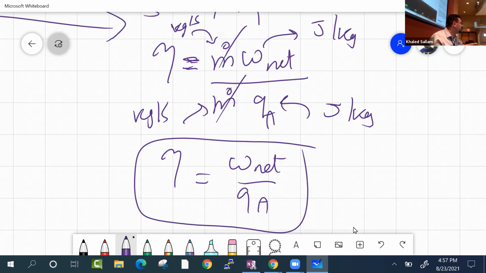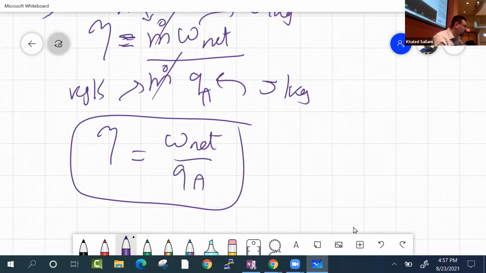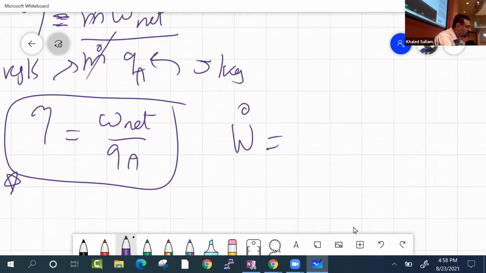So we need to remember this equation to calculate thermal efficiency, and he asks you to calculate how much M dot is needed in that cycle. The requirement, I think, was a 512 megawatt power plant. So W dot is M dot multiplied by net work.